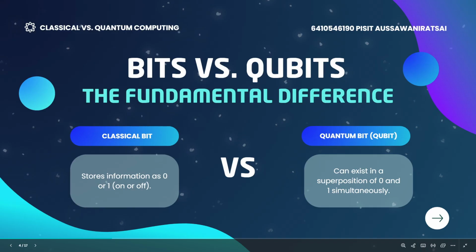What's fascinating about qubits is their ability to exist in a state called superposition. Imagine our light switch not just being on or off, but somewhere in between, representing both 0 and 1 at the same time. This ability to hold multiple states simultaneously is what gives quantum computers their potential power.